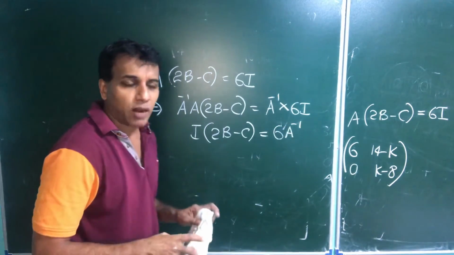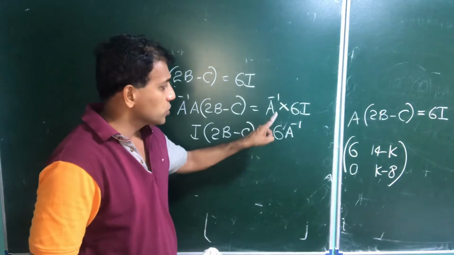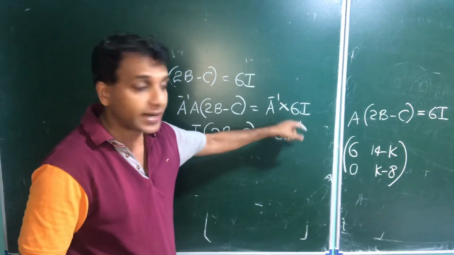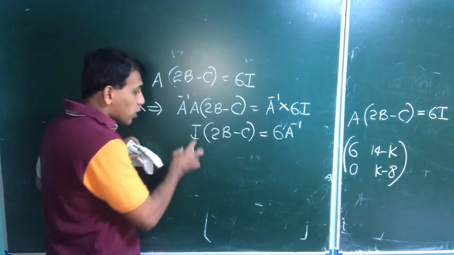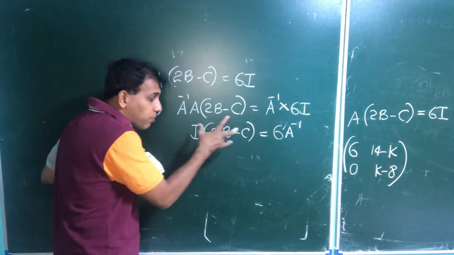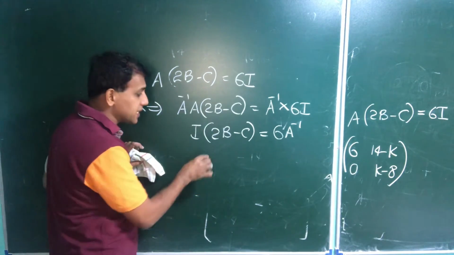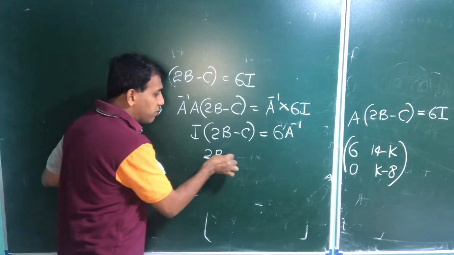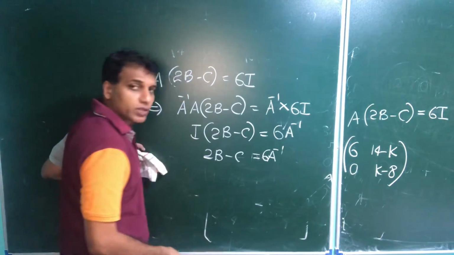If a matrix is multiplied by I, the answer is the matrix itself. So A inverse multiplied by I is A inverse, and with the 6, it is 6A inverse. The same way, I multiplied by 2B minus C is itself, so 2B minus C is 6 times A inverse.